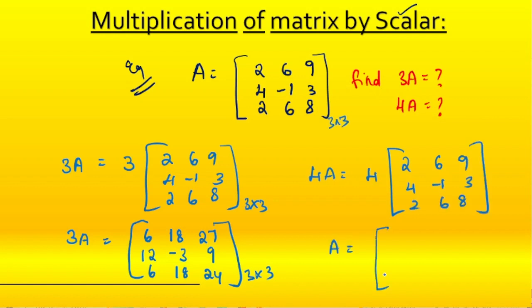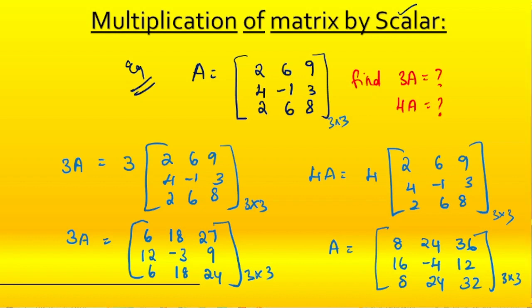Your 4A is nothing but 8, then 6 fours are 24, then 9 fours are 36, then 4 fours are 16, then minus 4, then 4 threes are 12, 8, again 24, again 32. So this is also going to be a 3 by 3 matrix. Right, this is how you will do the multiplication of a matrix by a scalar. Clear?